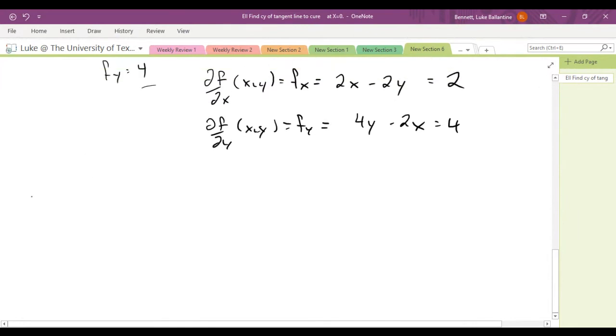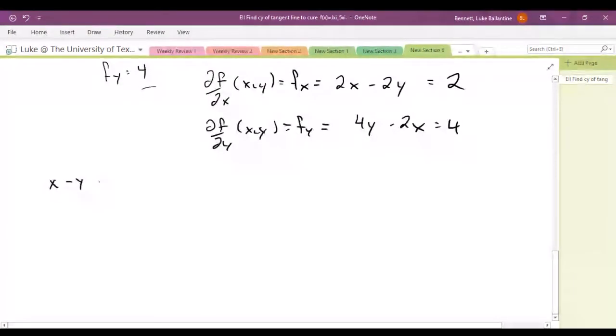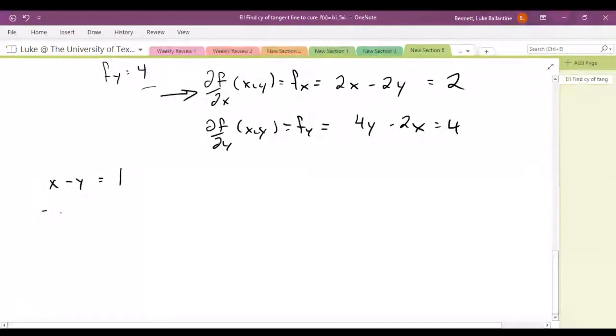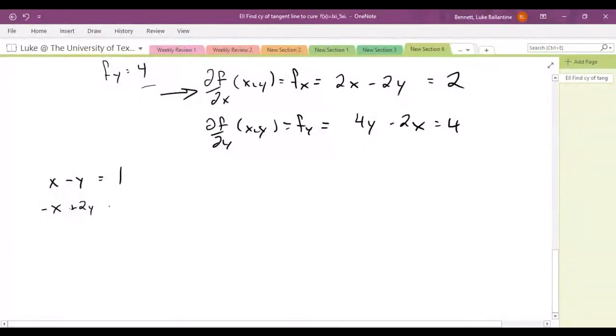Now we have a system of equations. x minus y is equal to 1, because I just divided everything by 2. I'm going to rearrange this and divide by 2. So this is negative x plus 2y is equal to 2.